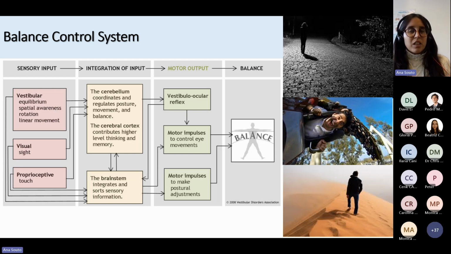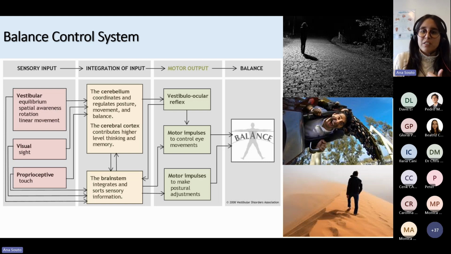Another example is a person with a vestibular loss, who will rely a lot on the visual system and on the somatosensory system. We know that if we subject this person to a conflicting image, this person will have some difficulties understanding what is happening, if there's movement, if there's not movement.